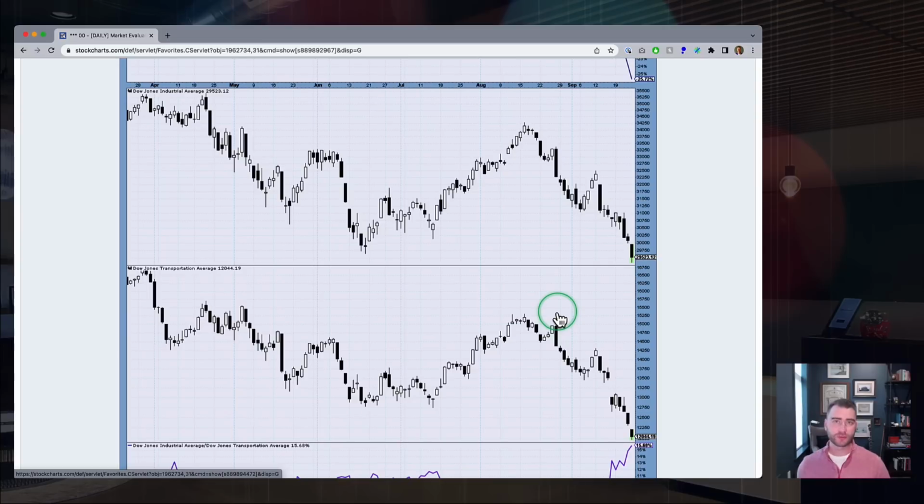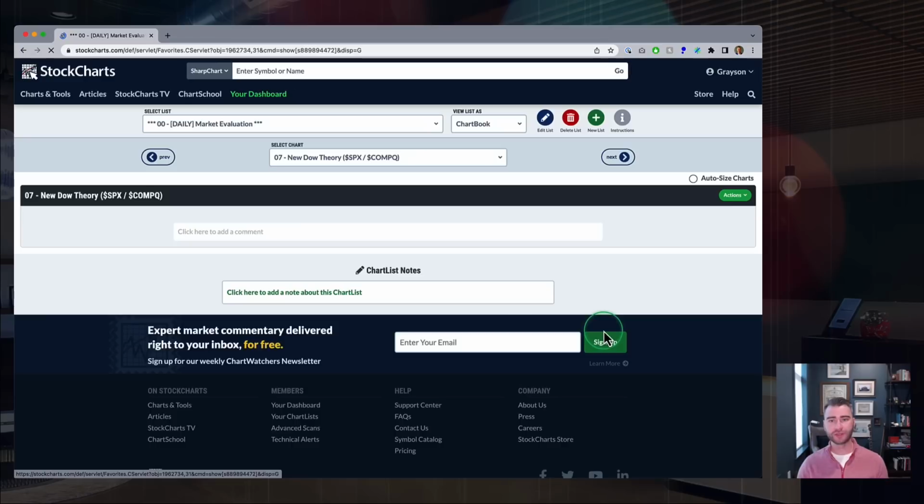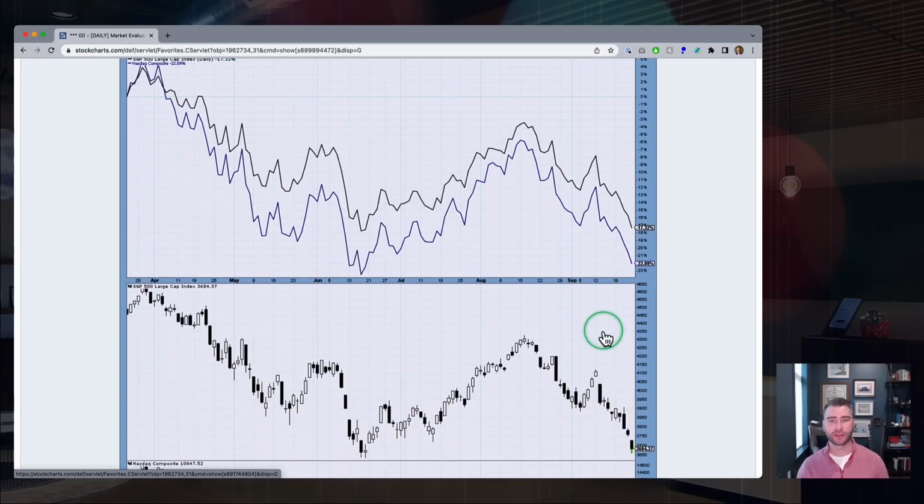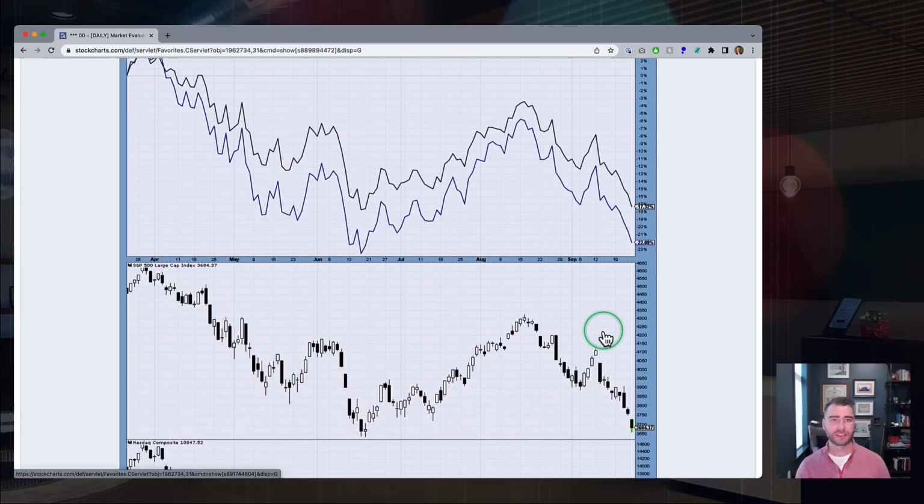If the transports are getting slammed, but the Dow Industrials are moving higher, that tells me one thing about the markets. If they're both getting slammed as they are right now, that tells me another thing. We can do the exact same thing with what we call new Dow theory, which is the S&P 500 and the NASDAQ instead of those two Dow indexes. Dave Keller actually does a great job talking about this.